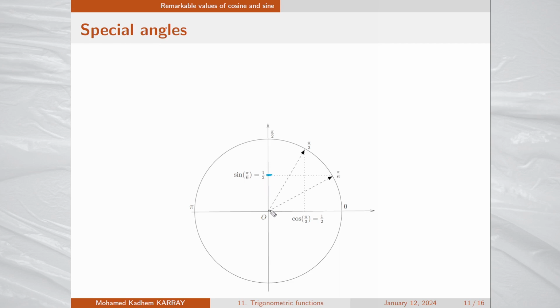For pi over 3, you see that its cosine comes in the middle of these 2 points, so cosine of pi over 3 equals 1/2. Now you can use the fact that cosine squared plus sine squared equals 1 to deduce that the cosine of pi over 6 equals square root of 3 divided by 2.